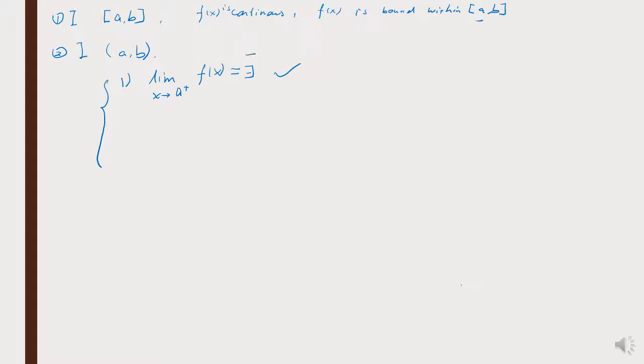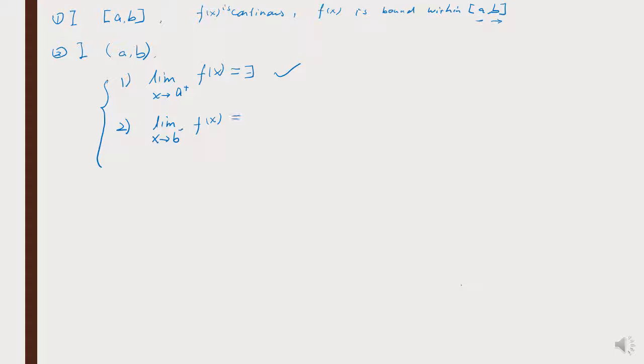Okay? Similarly, we can do the same thing on checkpoint B. When x is approaching B, because B is on the right side of this interval, we have to approach B from the left side, so we use minus here to indicate this direction.